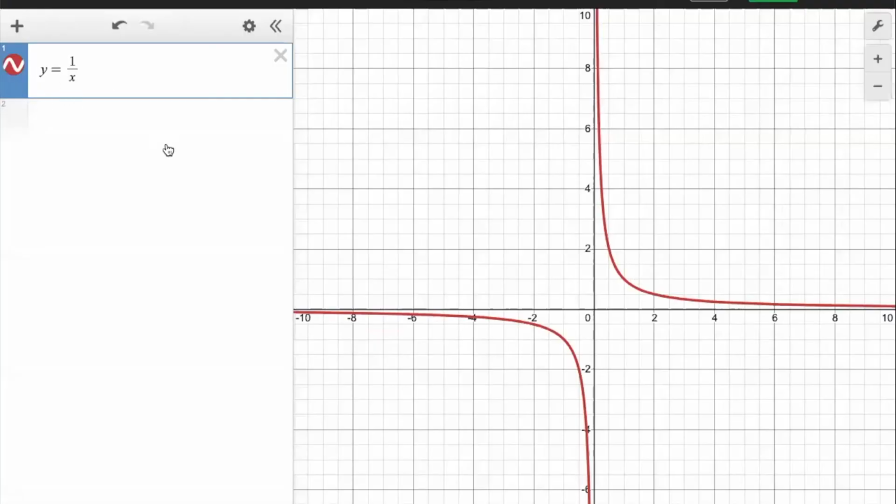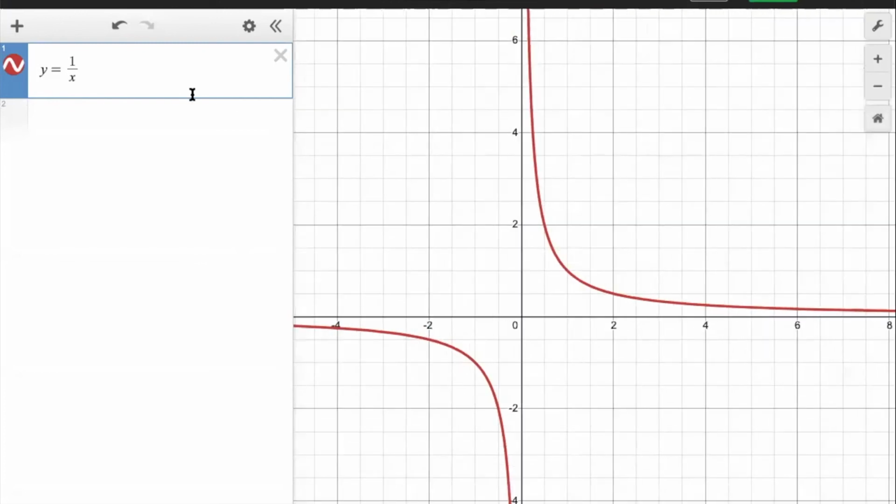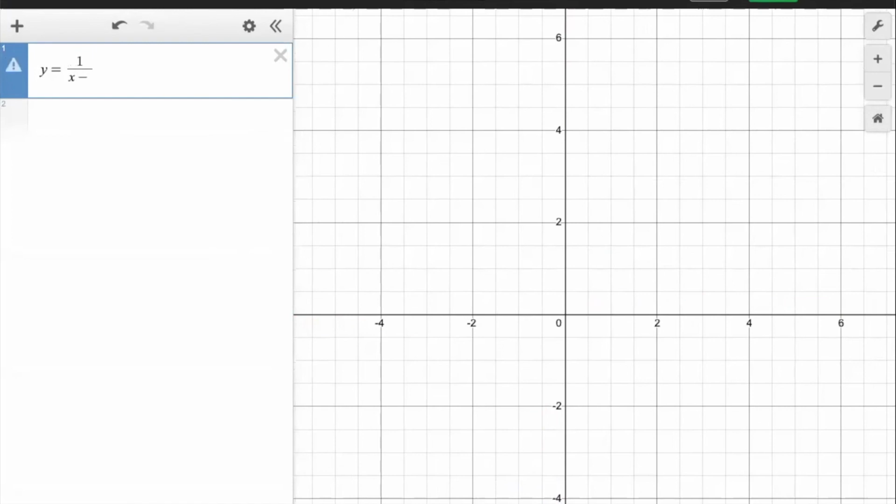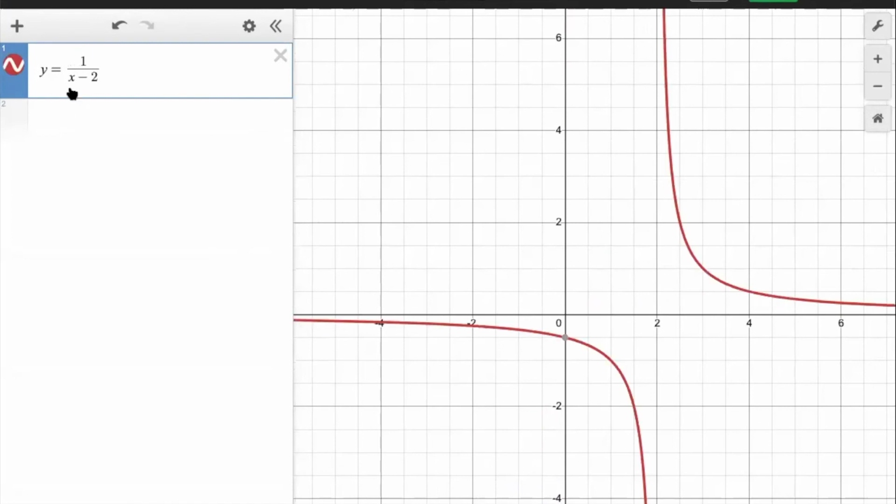And I have our parent function here. We want to just notice that our asymptotes, again, are at x equals 0. And we also have a horizontal asymptote at y equals 0. So if we were to make our denominator have a different value that produces 0, for example, x minus 2, we now know if we plug in 2, that would produce an undefined value for our denominator because we would have a 0.